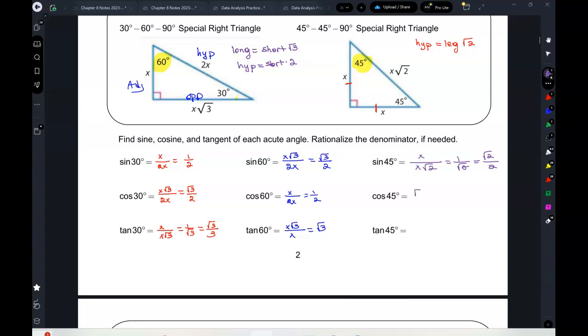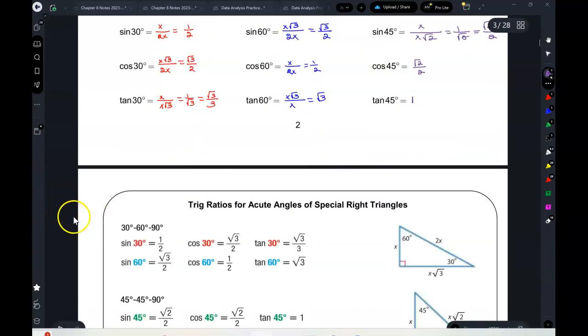Same thing. Tangent, 1. Remember, these are all ratios. So if you have a 45, 45, 90, the ratio between this leg and this leg is 1, because they are the same. So the tangent of 45 is the ratio between the opposite leg and the adjacent leg, and they're 1, because they're the same.